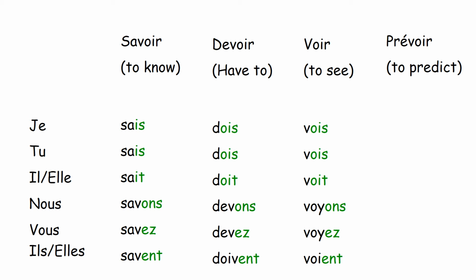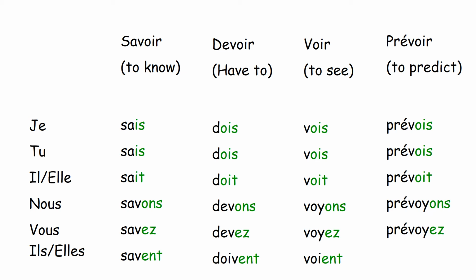I will also try to make some more videos on the use of these verbs. So prévoir will be really similar to the voir verb. Je prévois, tu prévois, il or elle prévoit, nous prévoyons, vous prévoyez, ils or elles prévoient.